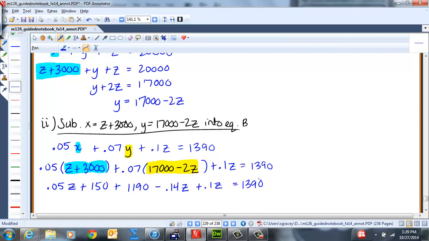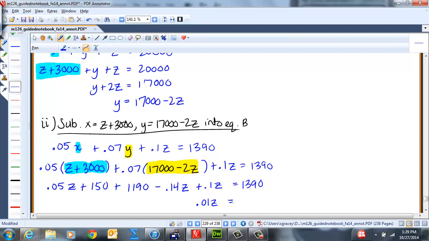So then, when we combine all the z's, the first one and the very last one, 0.05z plus 0.1z is 0.15z. And if I take away 0.14z, I will have, I think, 0.01z.